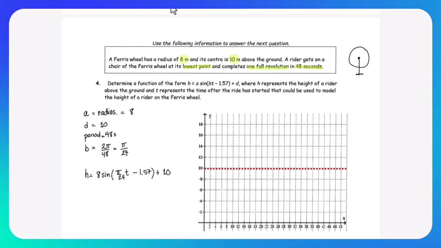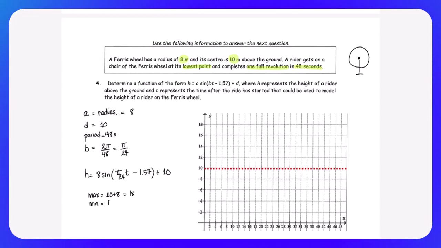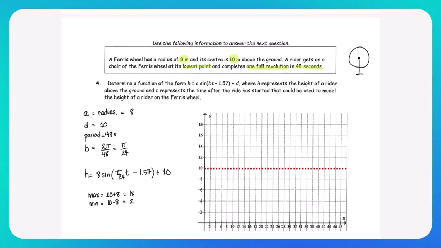And if you want to always write it down, that's okay. We can say max equals D plus 8, which is 10 plus 8, and that equals 18, and that makes our minimum value 10 minus 8, which is 2. So we can sketch those lines at 18 and 2.